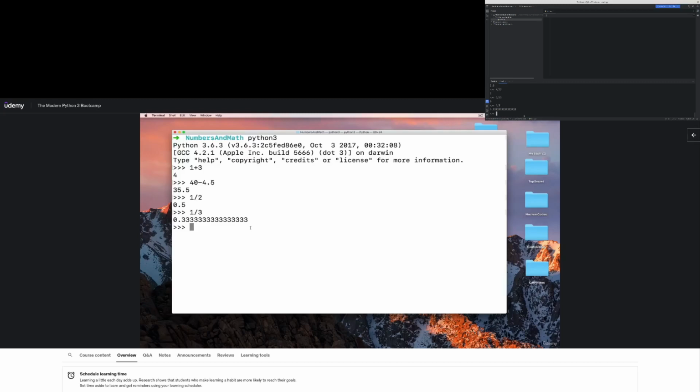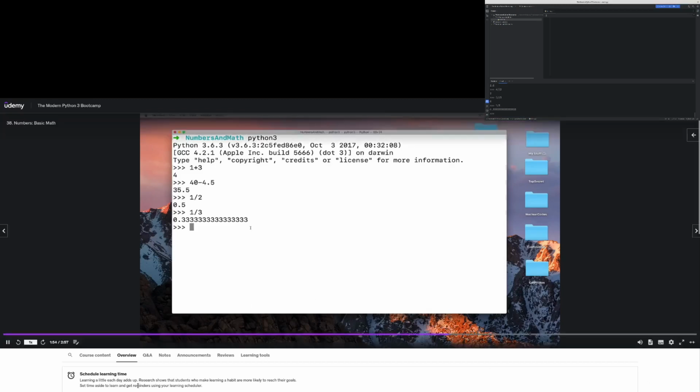But I also want to talk about the order of operations. If you don't remember the order of operations for math, I won't go into the whole thing, but there's a hierarchy to how these operators are evaluated.